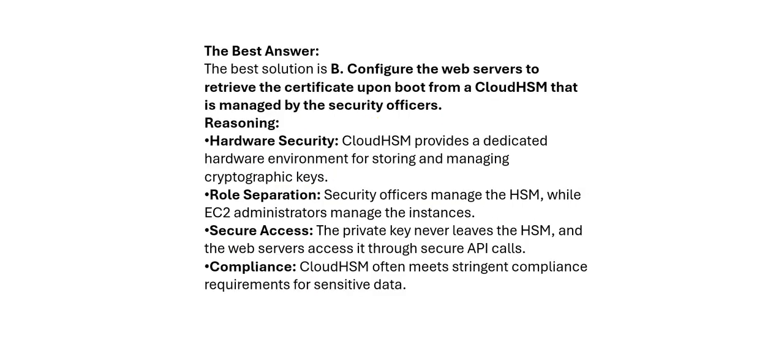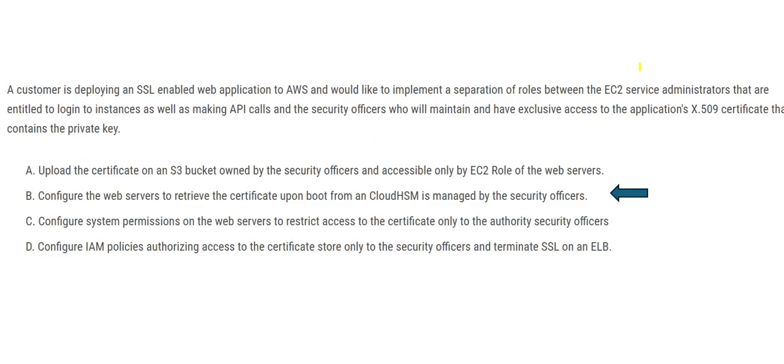Our best answer would be option B in this case because you get top-notch security through hardware security. There is a separation of role and you get secured access and compliance. CloudHSM meets stringent compliance requirements for sensitive data. So this is our final answer.